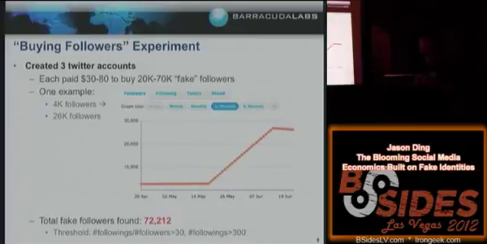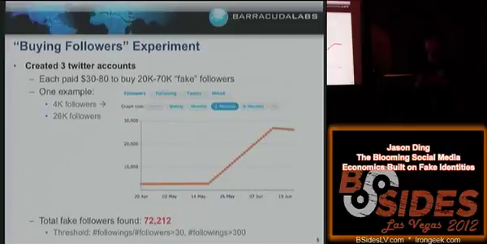So we did this experiment and were able to identify many fake followers. The total number is 72,000 fake accounts. We say they are fake because we put a threshold: the number of accounts they follow divided by the number of followers, meaning people who follow them back, is bigger than 30.